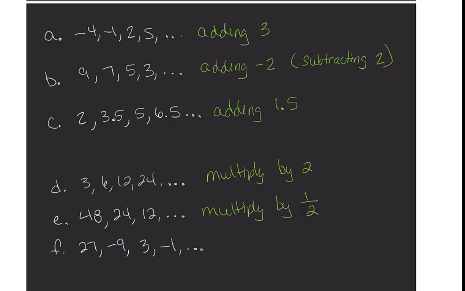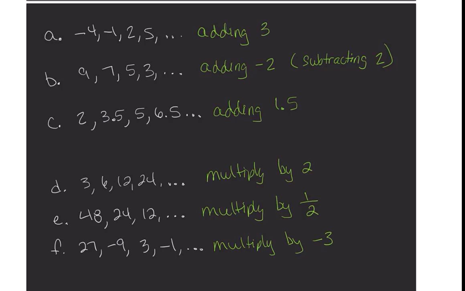Times by -3. What are we doing? Multiplying by negative -3?